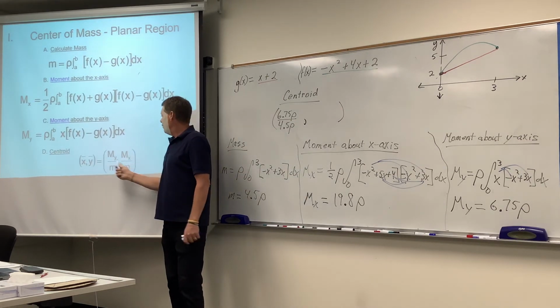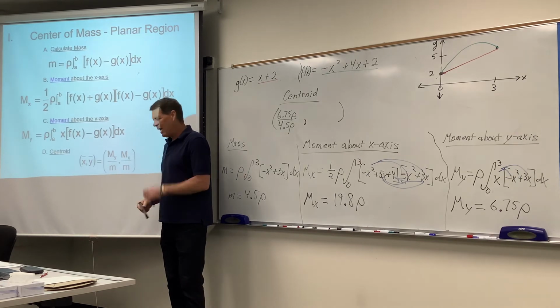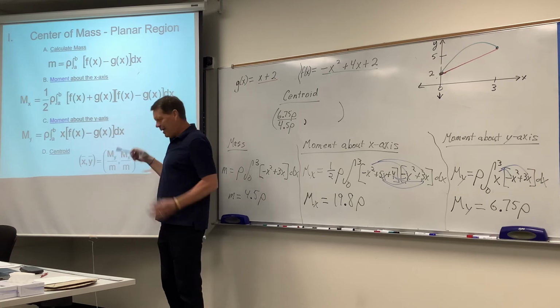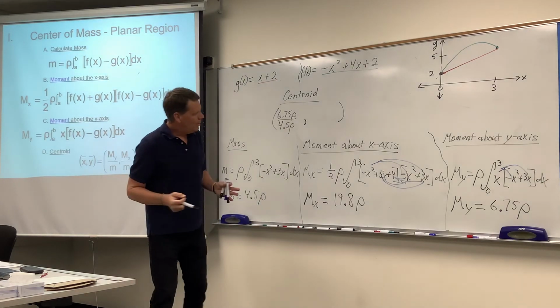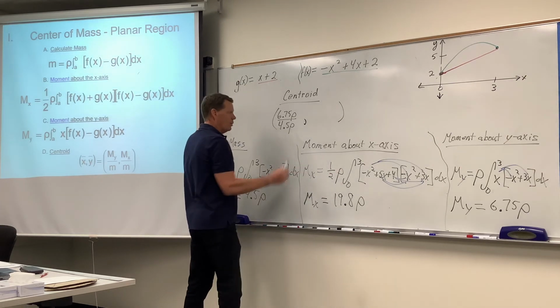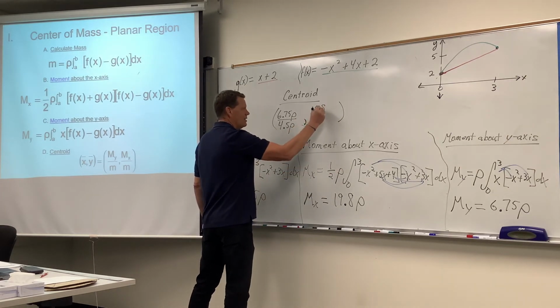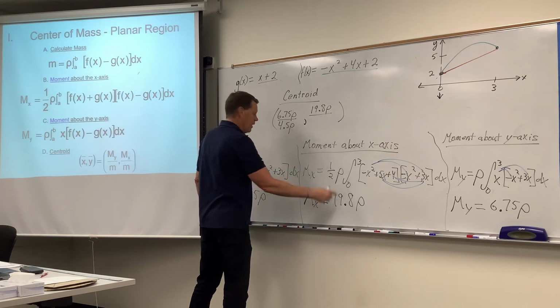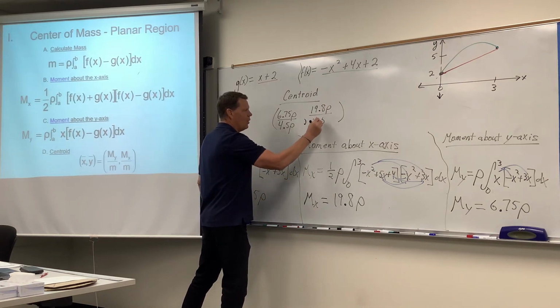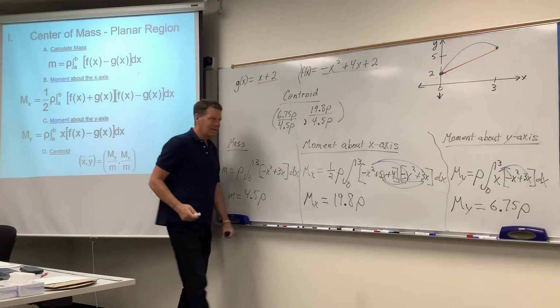The y-coordinate of our balancing point, and I know it seems counterintuitive that this involves x, and that involves y. It's easy to get them backwards. But that's the moment about the x-axis, which turned out to be 19.8 rho, divided by mass, which is 4.5 rho. So now you see why we needed these different things.